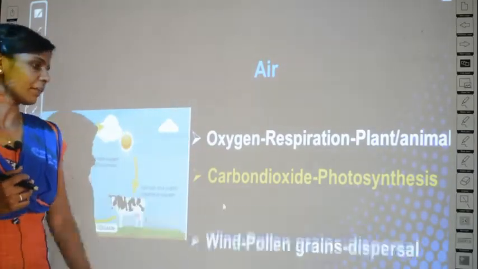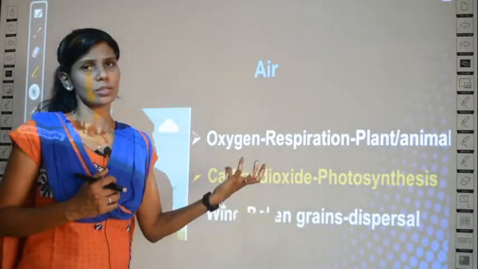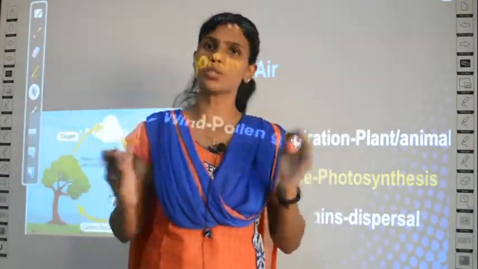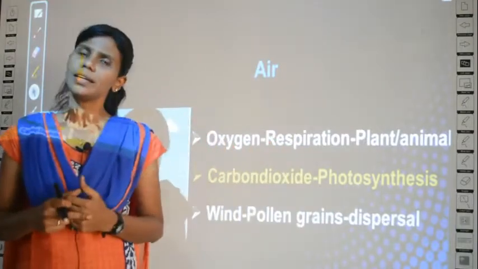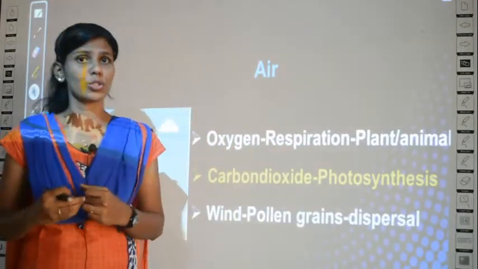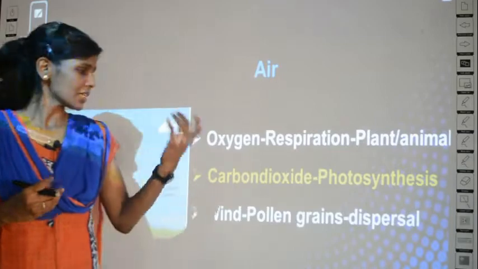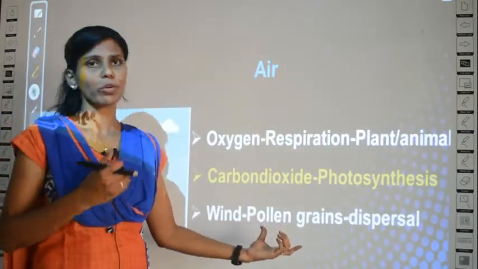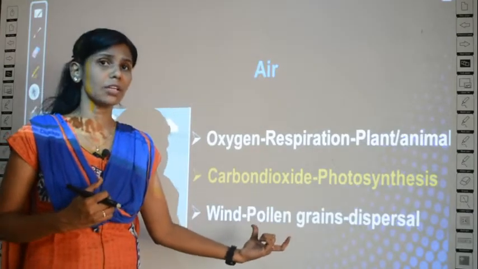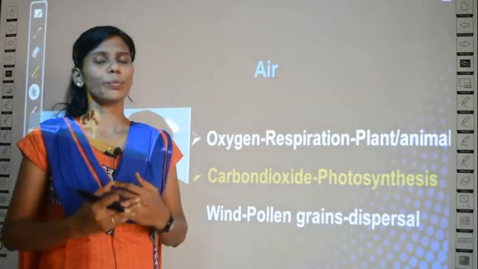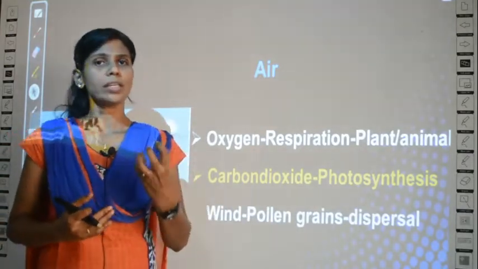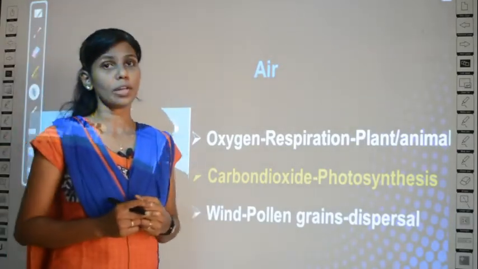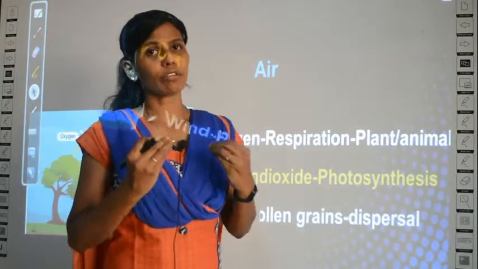Also, wind is under the category of air, because air causes wind, no? So why do we need wind? There are many concepts about wind, but the one given in your textbook is that because of the wind, pollen grains get dispersed. What is a pollen grain? Pollen grain is the male part of the flower, right?